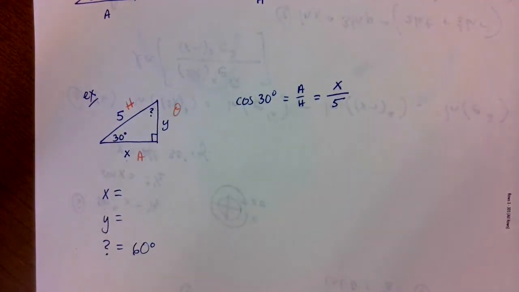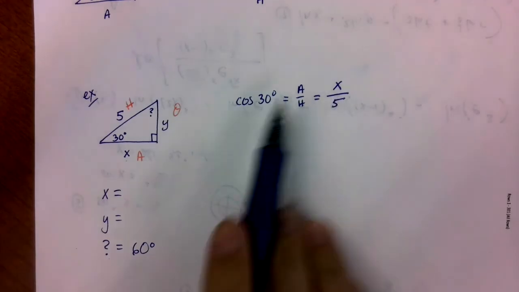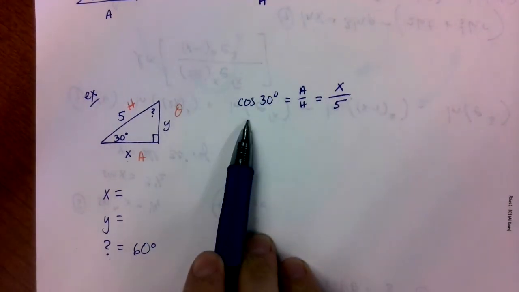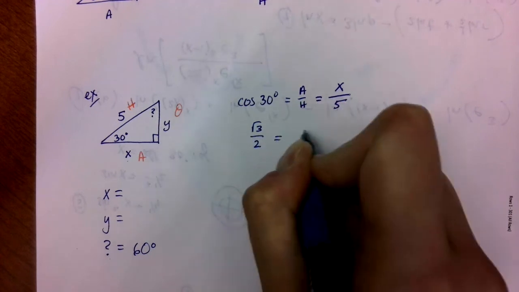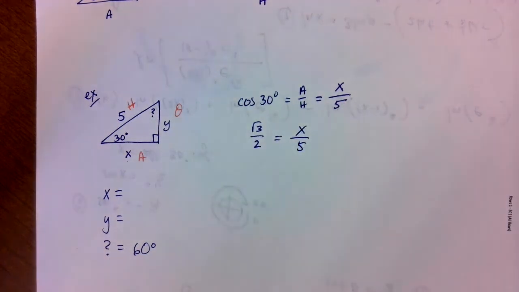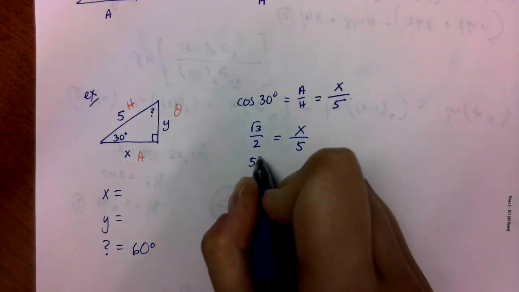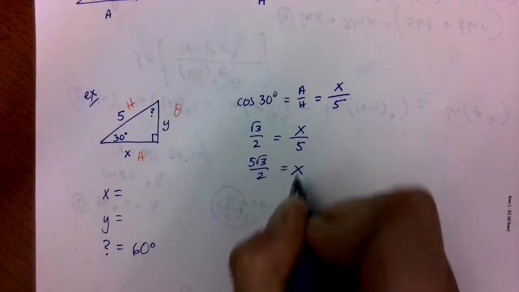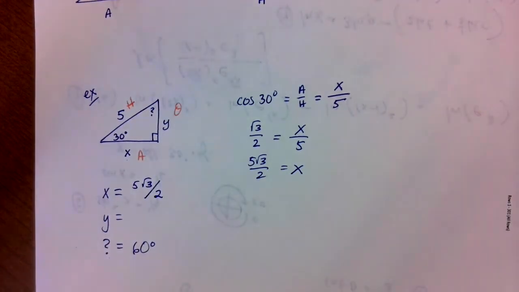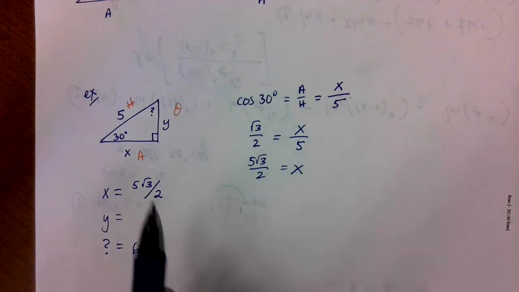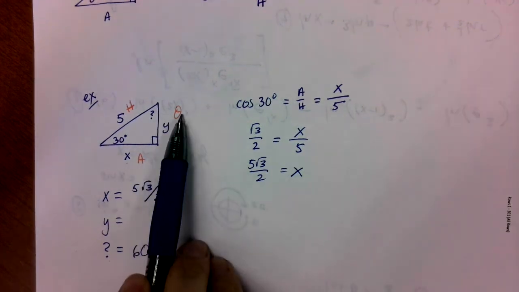All right, so I can actually solve for X here because I can compute the cosine of 30 degrees. That's going to be the square root of 3 over 2. To solve for X, all I need to do is multiply both sides by 5. So I have 5 square root of 3 over 2 equals X. All right, so I'm going to do something very similar to fill in this third side Y. This is the O side.